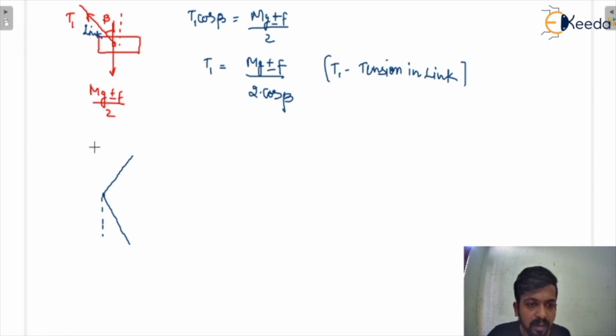Now the next: there is a tension T1, we all know that, and this is the extension of the lower link. This is the angle theta, and this is the tension T2. If I draw this line, that would also be theta. If this is beta, that would be beta as well. In the downward direction the mg force is working.